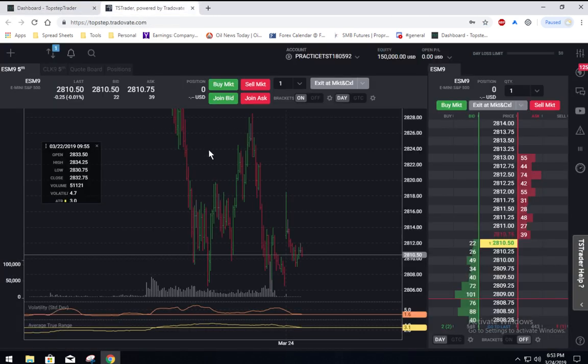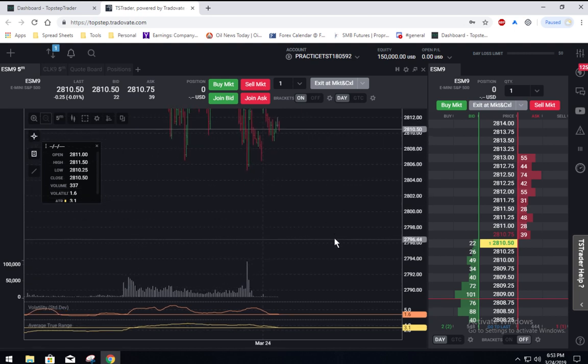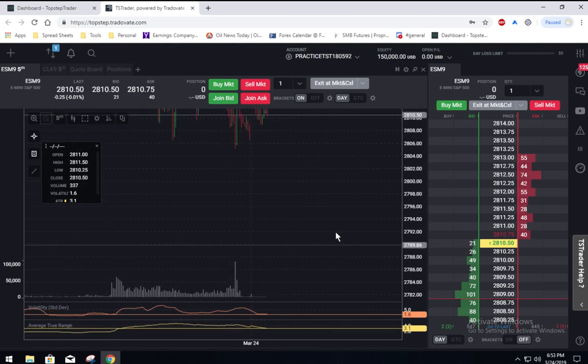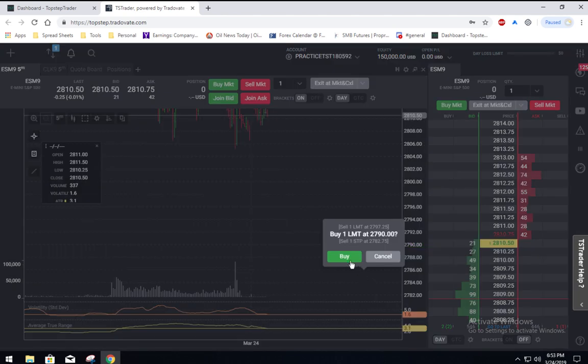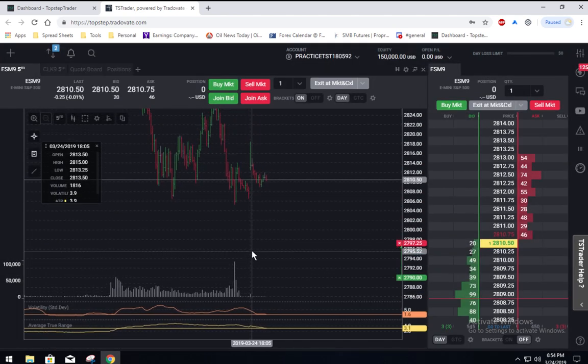We were looking for a buy in the 27.90 to 88 to 90 area. So we put in a working buy limit order at 27.90 to 88. So those are both trades.